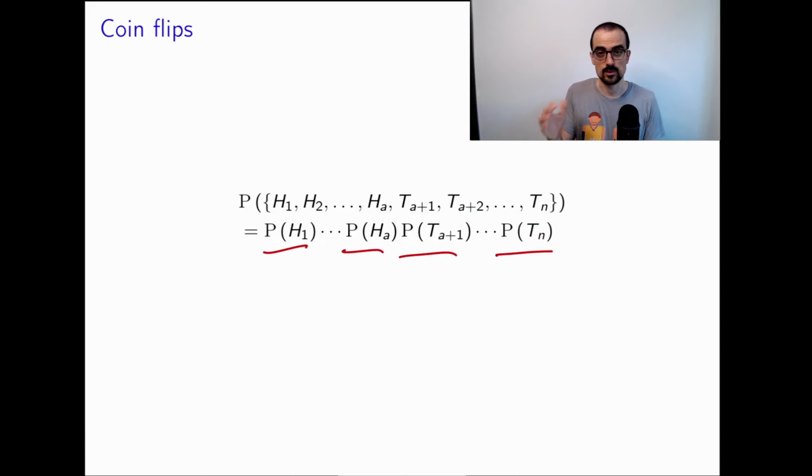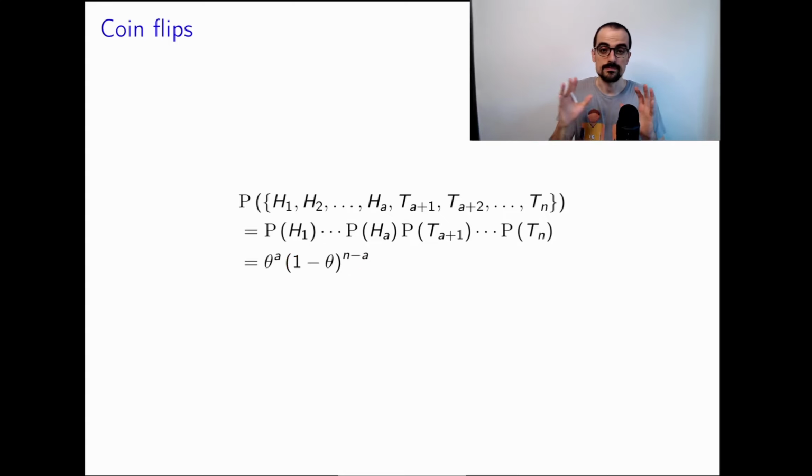And here we can use the assumption that the probability of heads is always theta and the probability of tails is 1 minus theta. So how many times are we multiplying by theta? A times. So we're going to get theta to the A. How many times are we multiplying by 1 minus theta? The number of tails, which is n minus A, so we're going to get 1 minus theta to the n minus A.